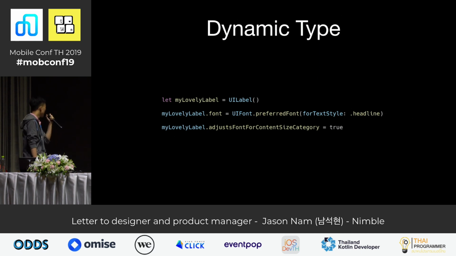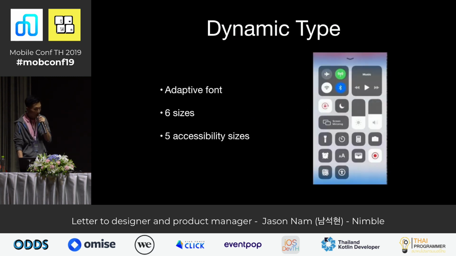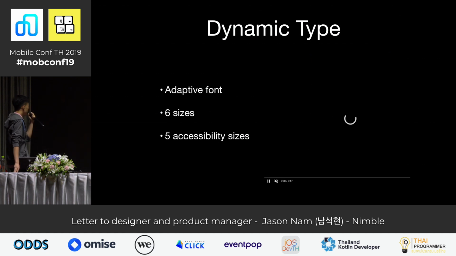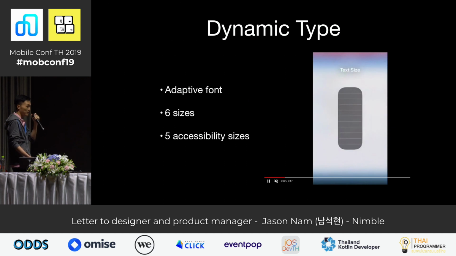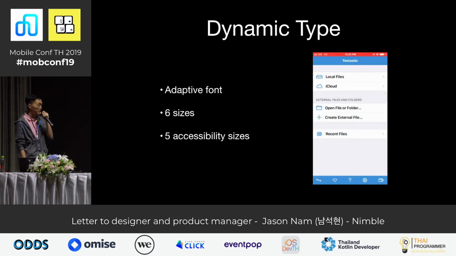Like dynamic type, here's an example code. Here it comes again. We initialize a label, we set the font, and rather than using a specific point size, we use a style. In this case, it's headline. Why is it important? Because dynamic type is an adaptive font, adaptive to the system settings.